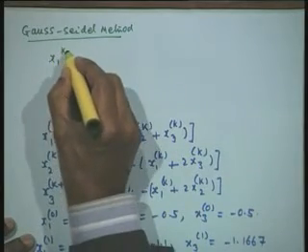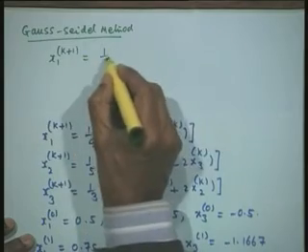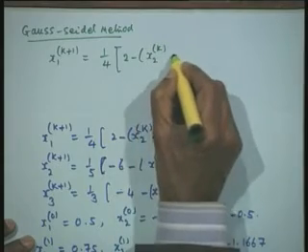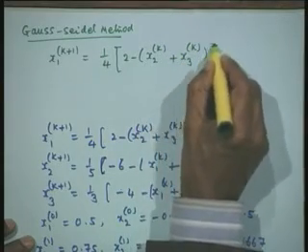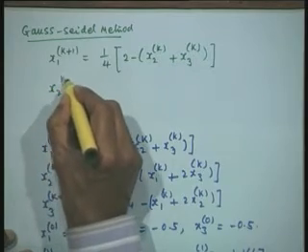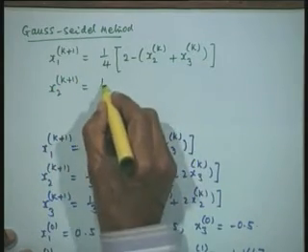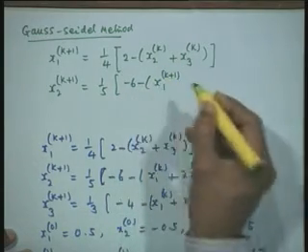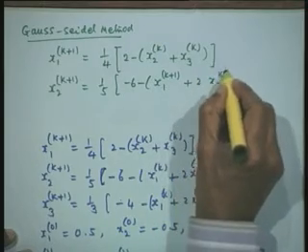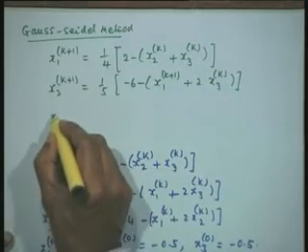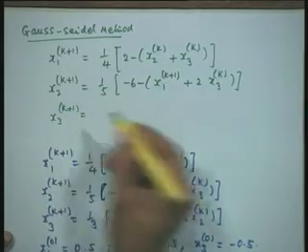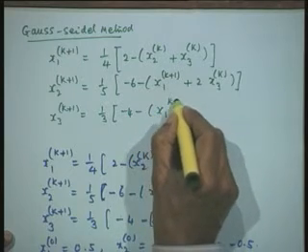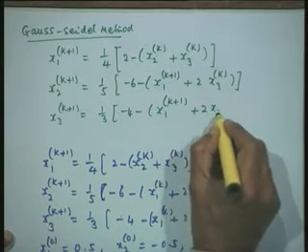So, this will be x 1 of k plus 1, the first equation remains as it is, 1 by 4 times 2 minus x 2 k plus x 3 k, yes, then x 2 k plus 1 is equal to 1 by 5 times 6 minus x 1 of k plus 1, the current iterate, plus 2 times x 3 of k, the previous iterate, then x 3 k plus 1 is equal to 1 by 3 times 4 minus x 1 k plus 1 plus 2 times x 2 k plus 1.